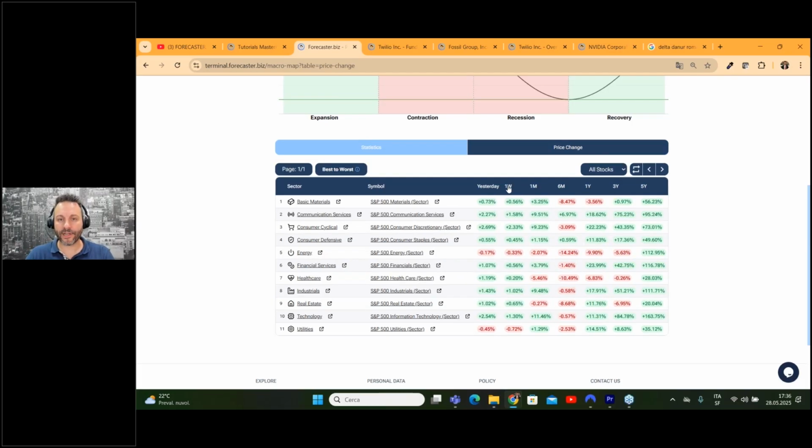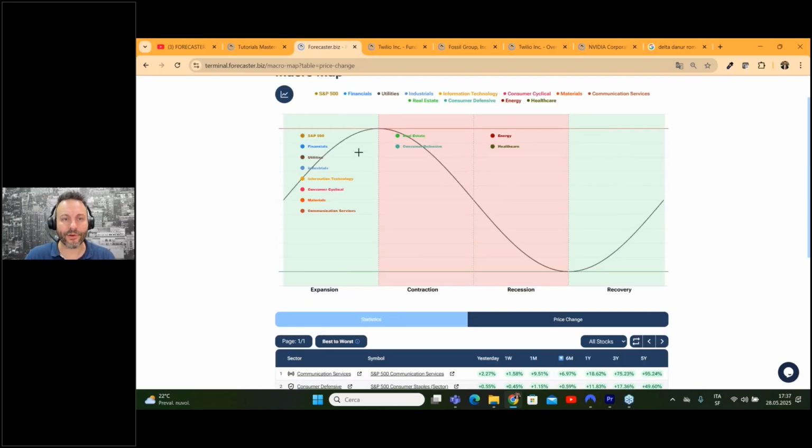So you can see, for example, how specific sectors are moving, and you can see how a specific sector did in the last week, in the last month, in the last 6 months, and so on. Okay. Thanks to this tool, you can see, for example, that the energy sector and the healthcare are in what we can call a recession.